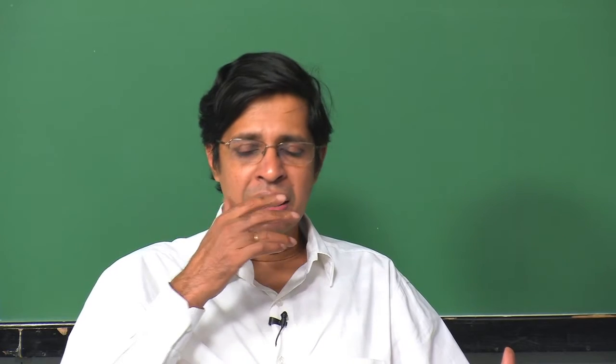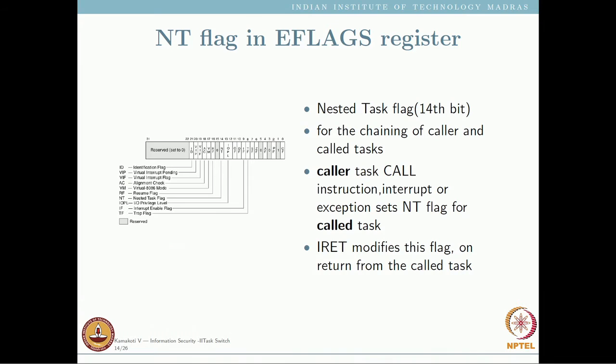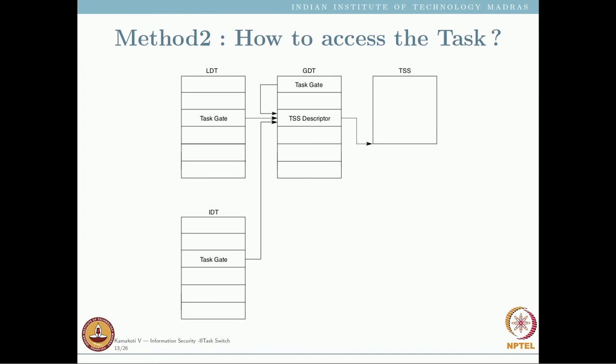So the IRET actually modifies this flag on return from the called task. So the caller task calls the called task, and the called task finishes its work, and it comes back to the caller task. While it is coming back, it will reset the NT flag, because there is no more nesting. I called you, so there was a nesting. When I come back, I lose the nesting.